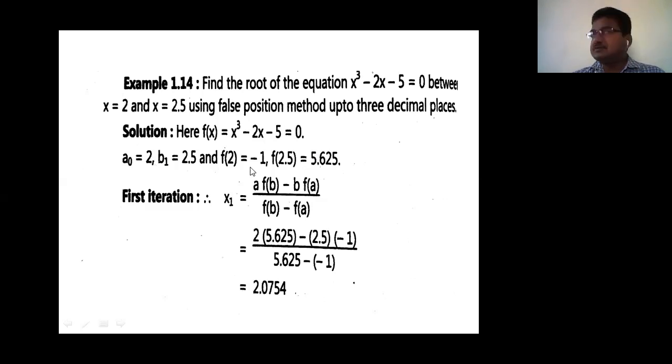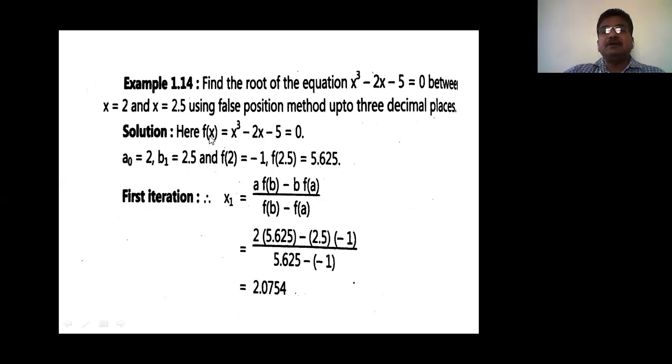If these numbers are not given in the example, then find these numbers by using trial and error method. That is, first find the value of f of x at 0, then at 1, then 2, 3, 4, 5, and if all the signs of f of x at 0, 1, 2, 3, 4, 5 are positive, or all are negative, then search these numbers to the left of 0.